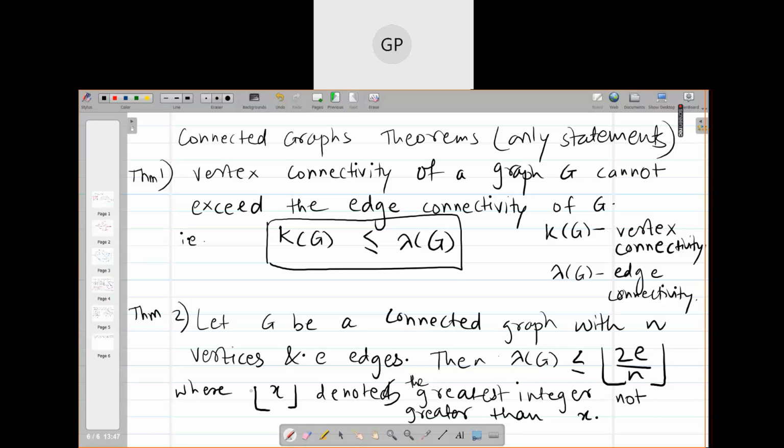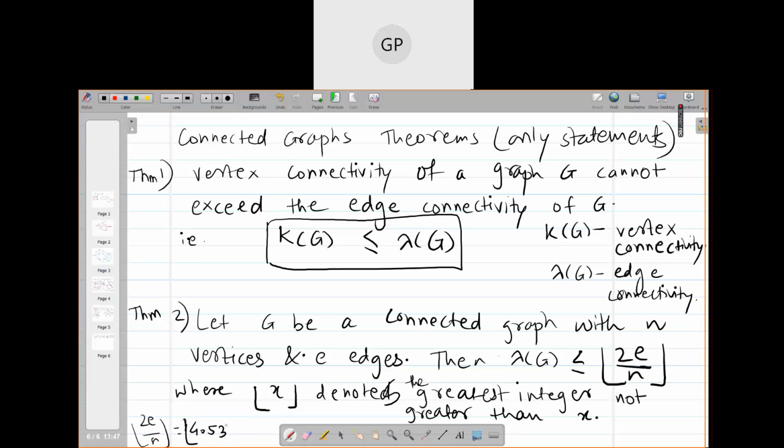Please let me know as you finish writing this. What does 2e by n mean? Will this number always be an integer? Are you sure that 2e by n will always be an integer? Girls, do you understand my question?